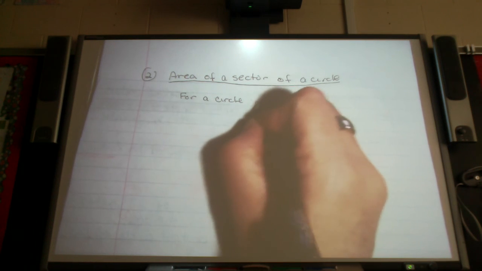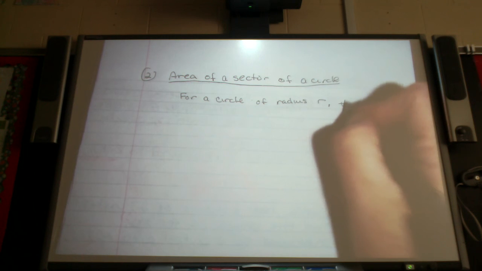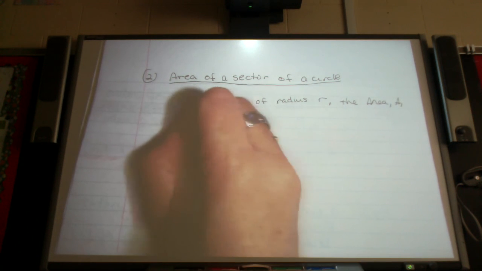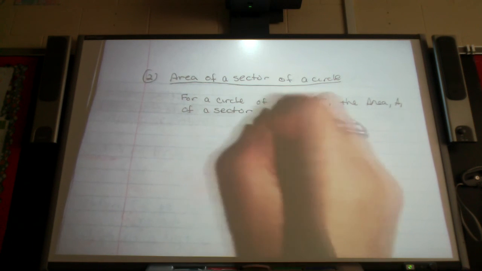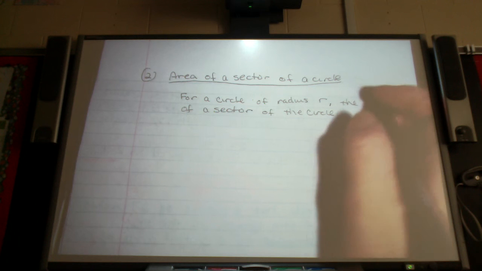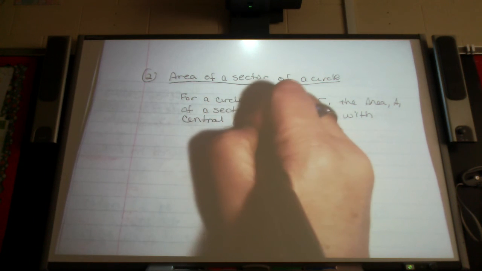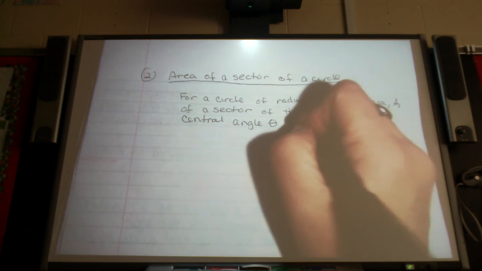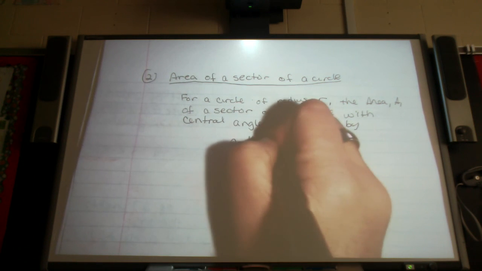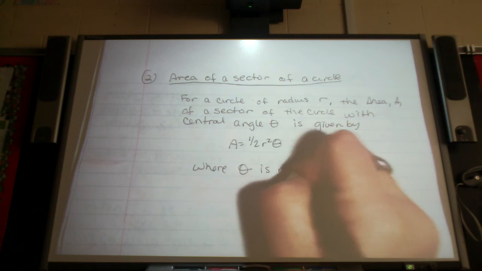For a circle of radius r, the area A of a sector of the circle with central angle theta is given by area equals 1/2 r squared theta, where theta is measured in radians.